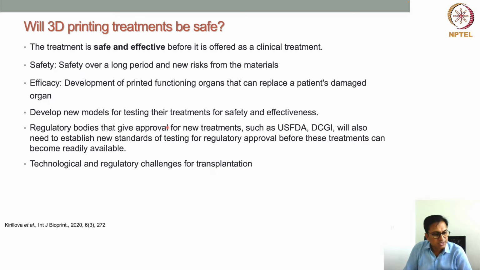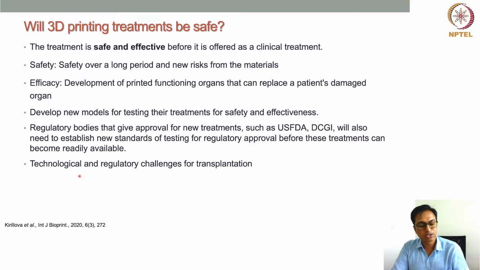So the challenges are twofold: the first is technological challenges, and the next is regulatory challenges. We need to further enhance the technology so that we can actually bring up different artificial tissues and organs.